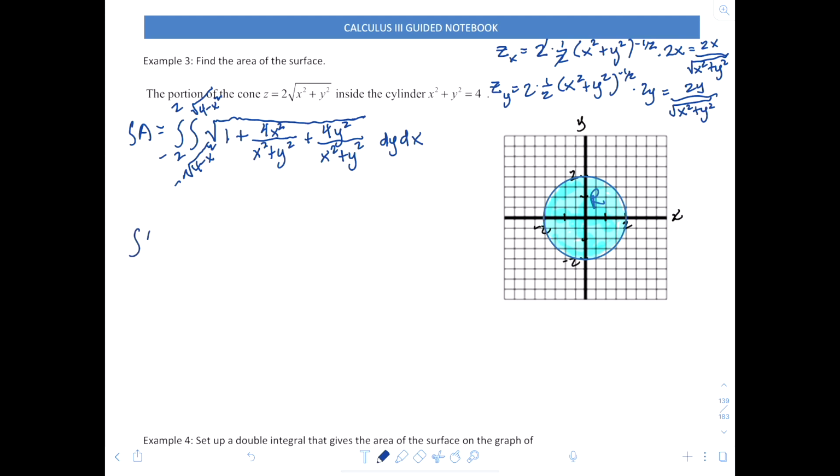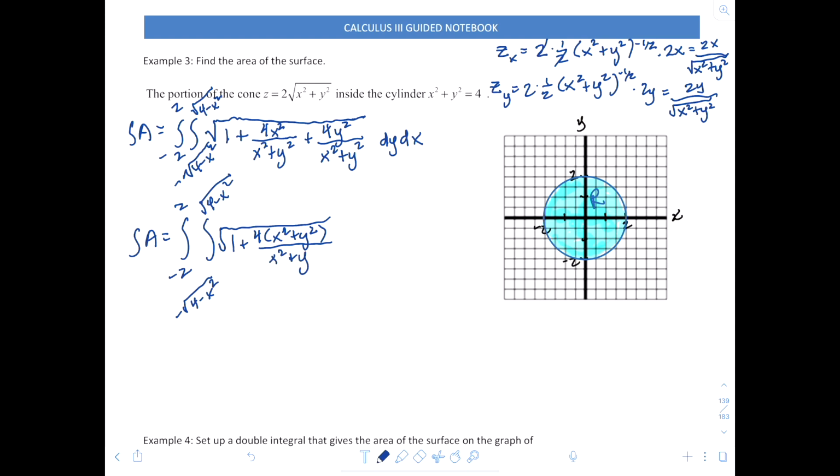So our surface area will be the integral from -2 to 2, the integral from negative root 4 minus x squared to positive root 4 minus x squared, of the square root of 1 plus 4 times the quantity x squared plus y squared over x squared plus y squared.